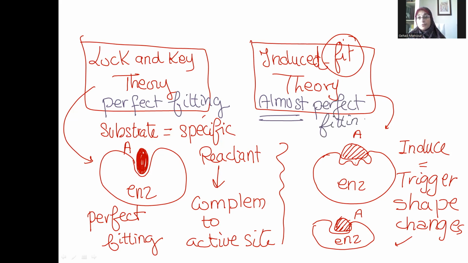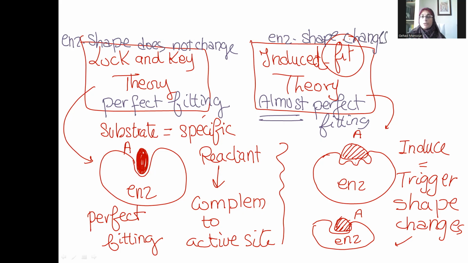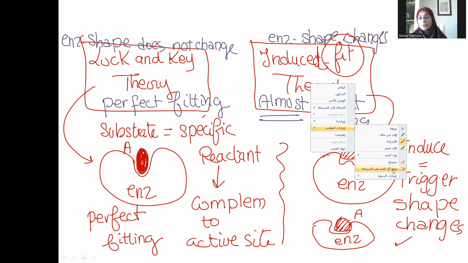In the lock and key theory, the enzyme shape does not change. But in the induced fit theory, the enzyme shape changes a little bit. So these are the major differences between the nowadays rejected lock and key theory and the induced fit theory.